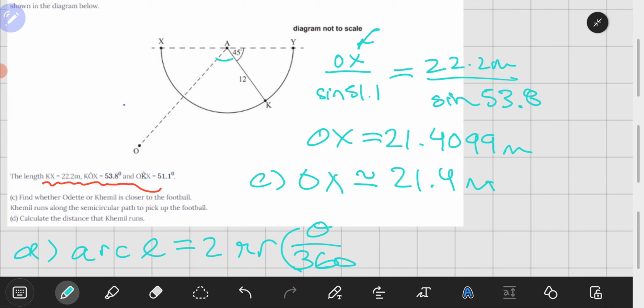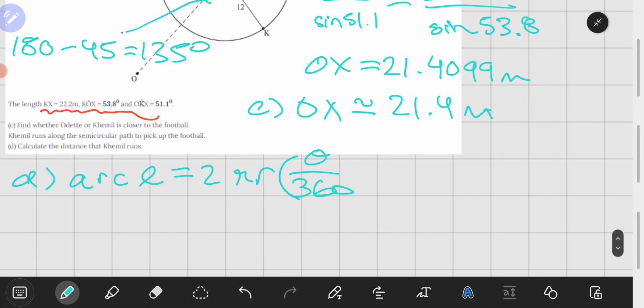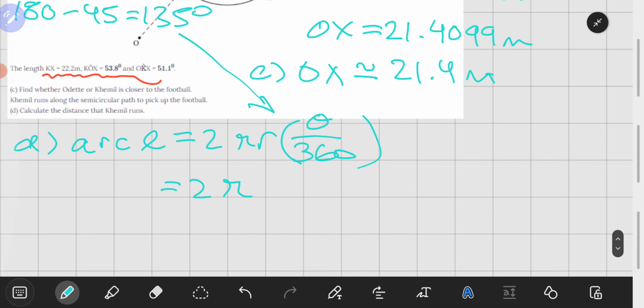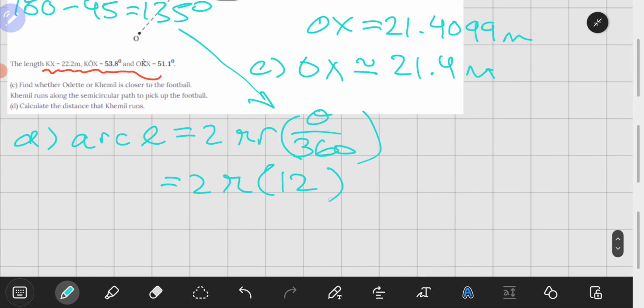We can calculate this angle here, as it's not given, by taking 180 minus 45, which is 135. That will be our theta. If we substitute all our values into the equation for arc length, we get 2 pi, radius 12, multiplied by 135 divided by 360.